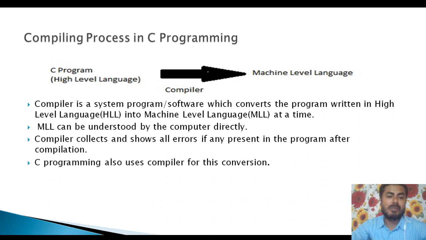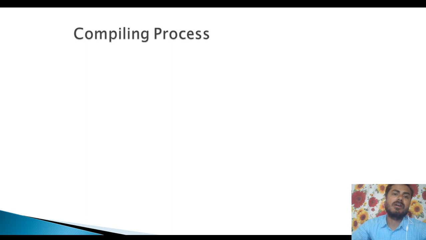Now, here we are discussing C programming. C programming also uses a compiler for this type of conversion from high level language into machine level language. Then we come to the compiling process.